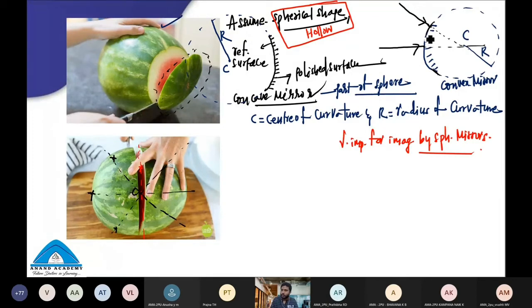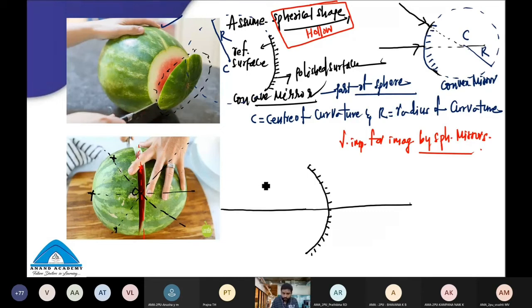Now, I'll redraw here so that you get a better understanding. The beautiful concept we are going to discuss right now. Carefully observe, students. This is an imaginary line I have drawn here.